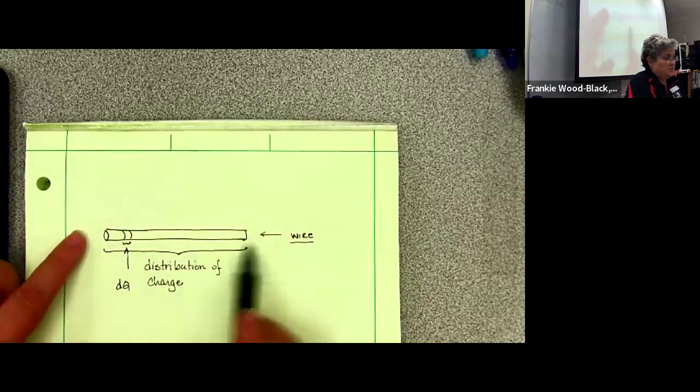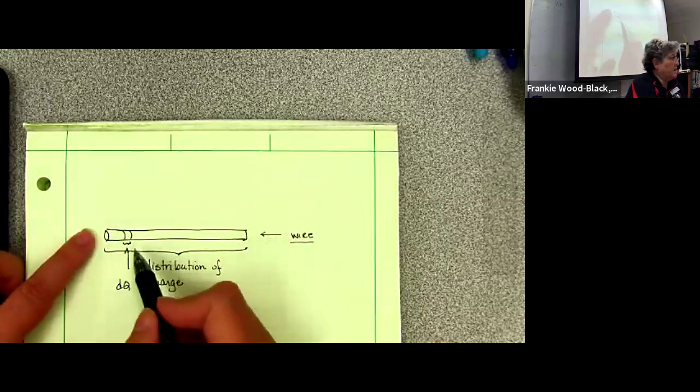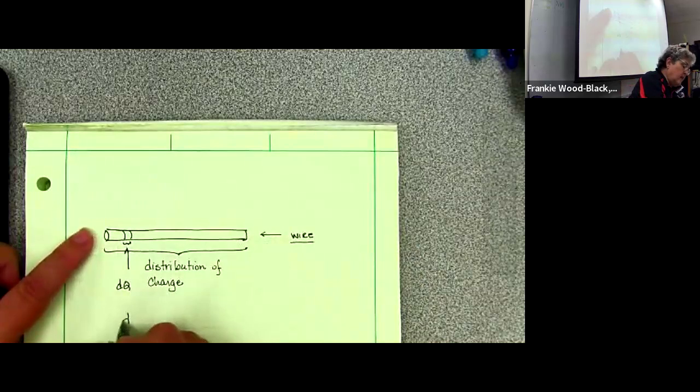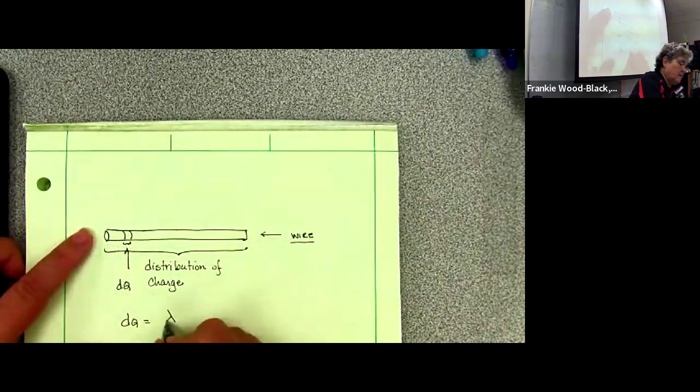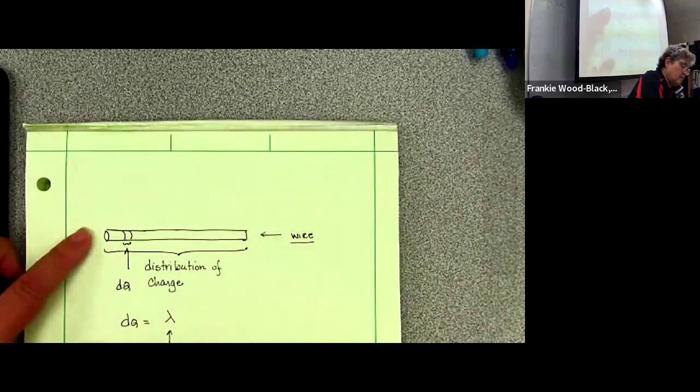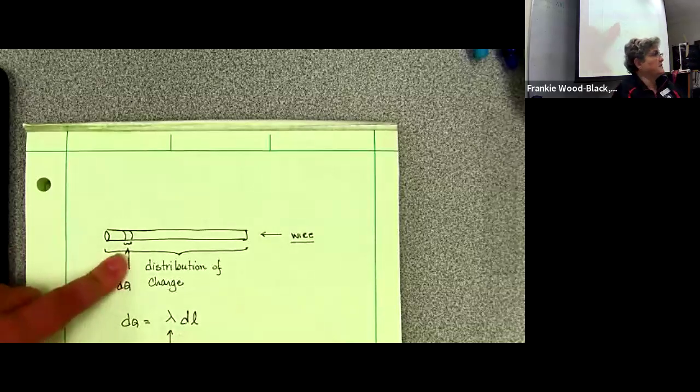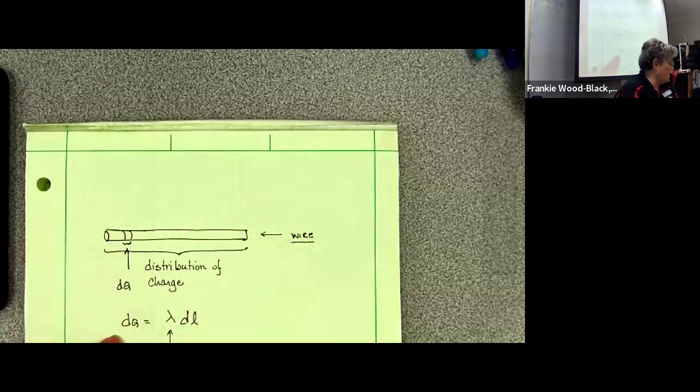If I think of this as a distribution of charge, I can look at an incremental piece of charge, and that incremental piece of charge is going to look like a linear charge density times my incremental length, because I can look at that as a little piece of length of my charge. I can look at my overall charge.